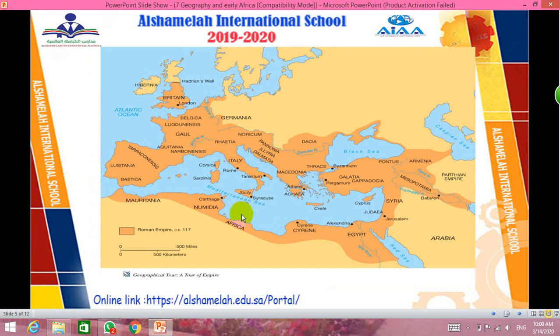Then we have another map. That map is showing the specific location of Africa, beside the river and beside the desert. As you know, early civilizations grew up beside the river, because from the river the people were getting a lot of resources.